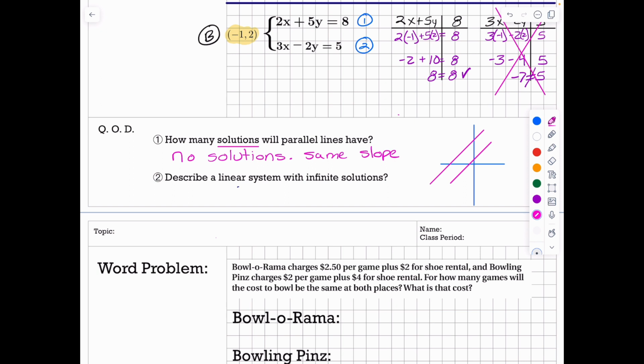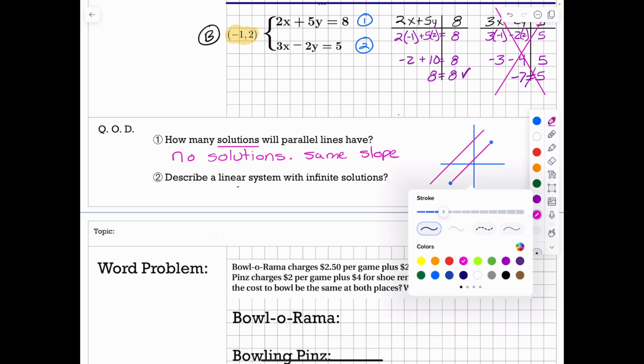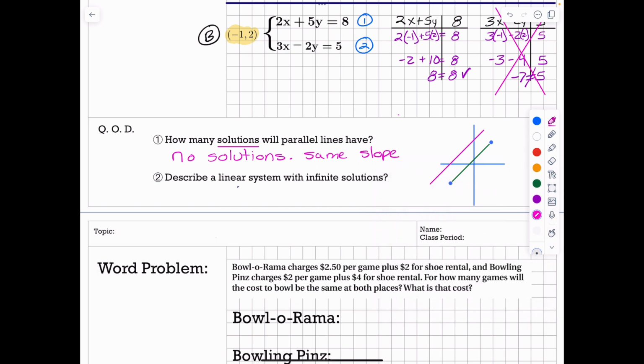The other special case, describe a linear system with an infinite number of solutions. And I demonstrated this in class where I picked up my parallel line here. I changed its color. So we're going to change this color to green. So now I've got a pink line and a green line. They're parallel to each other.